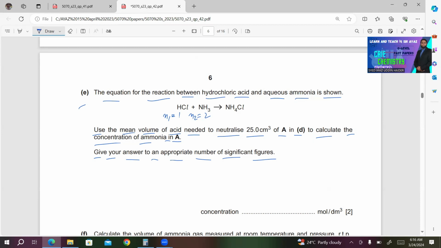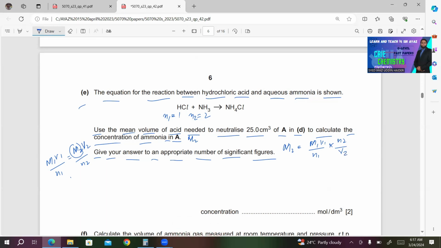Apply this formula. We have M1 V1 by N1 is equal to M2 V2 by N2. We need to find the concentration of ammonia, so M2 must be the concentration of ammonia. So in order to calculate M2, the equation becomes M2 is equal to M1 V1 by N1 multiplied by N2 by V2.